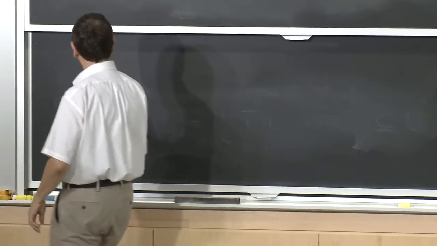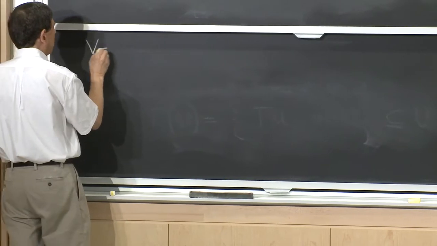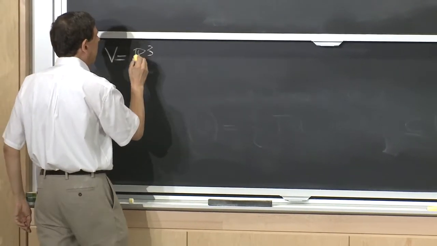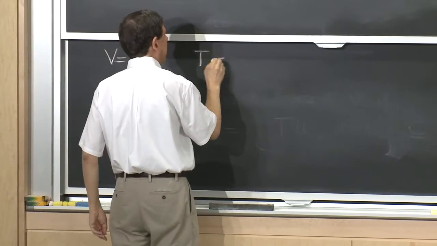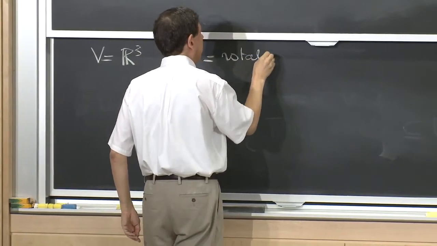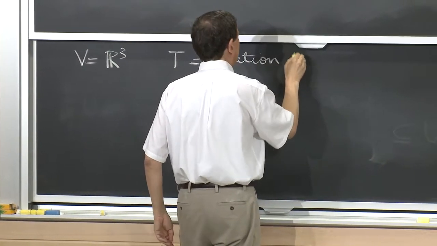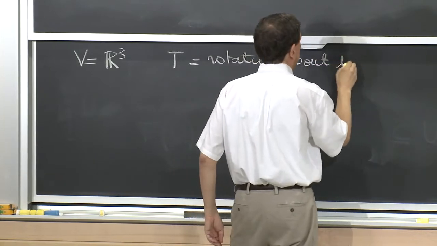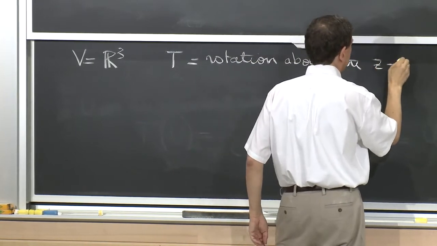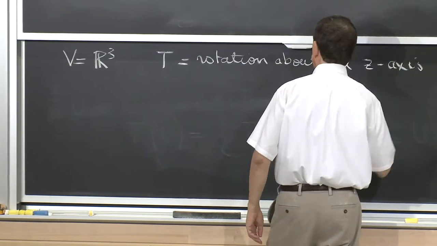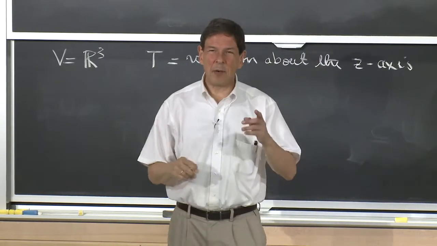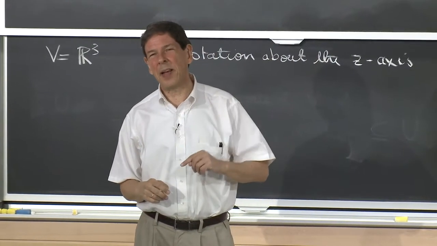for a rotation, if the vector space is R3 and T is a rotation about the z-axis, we've discovered that there's just one eigenvector.